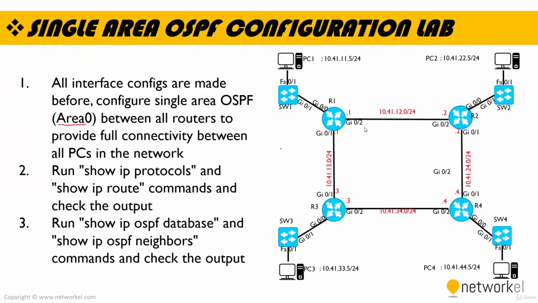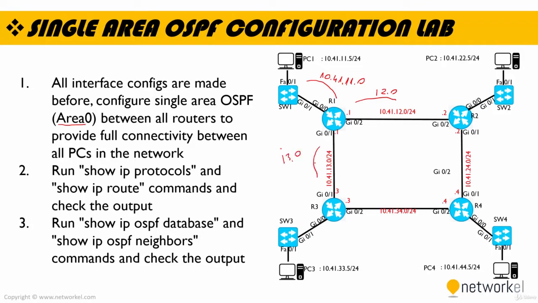Router 1 is connected to 3 different networks. As you can see, it's 11.0 network, it's 12.0 network, and it's 13.0 network.